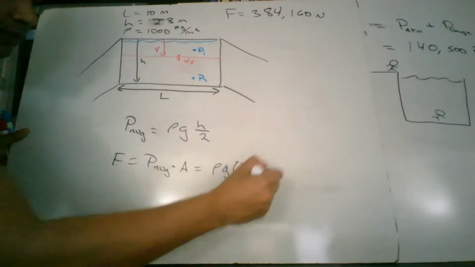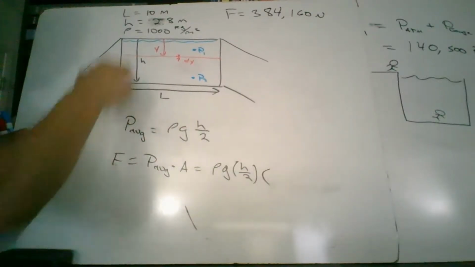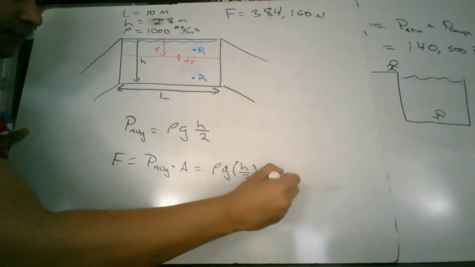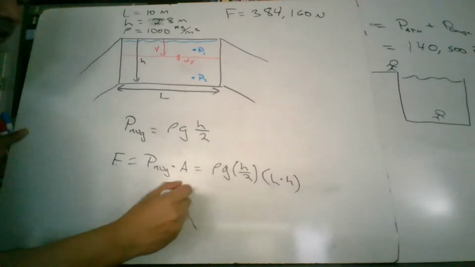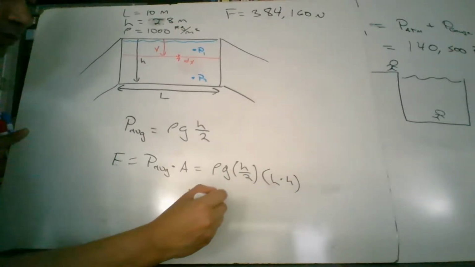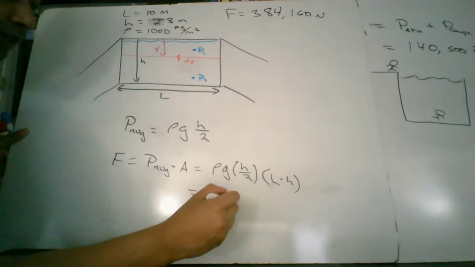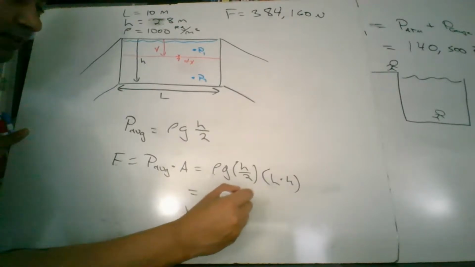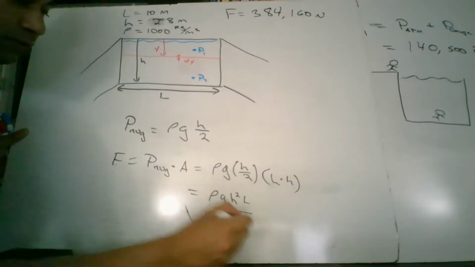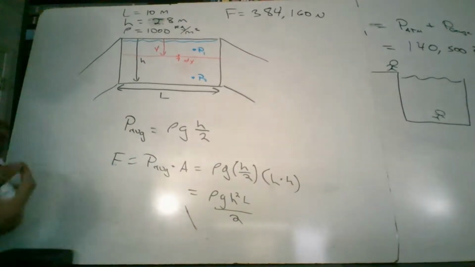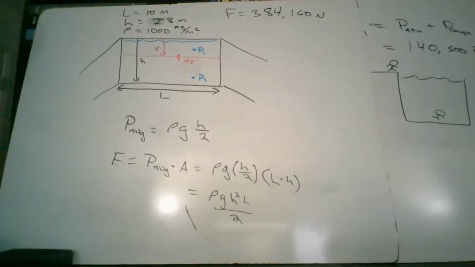And the area is the length times the height. So length times h. And you end up with rho g h squared L divided by 2, which is the same result we got using integration. Okay. So that's that.